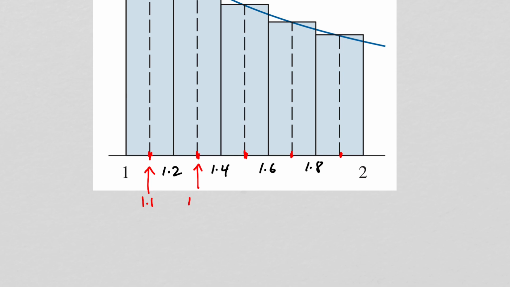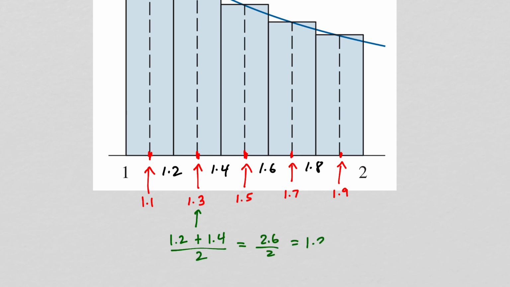The number halfway in between 1.2 and 1.4 is 1.3, and so on and so forth. Now, I will just mention that if you don't know how to get these midpoints, then you can use the formula. So, for example, to find the midpoint here, all I would have to do is take the endpoints, 1.2 and 1.4, add those together and divide by 2, and that's how we get 1.3.